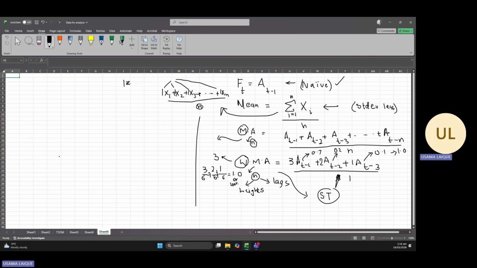Then we move on to exponential smoothing. Exponential smoothing can be applied on both types of data, depending on the value of alpha. The range of alpha is between 5% and 75%. So if the data has a strong trend, we take a value close to 75%.